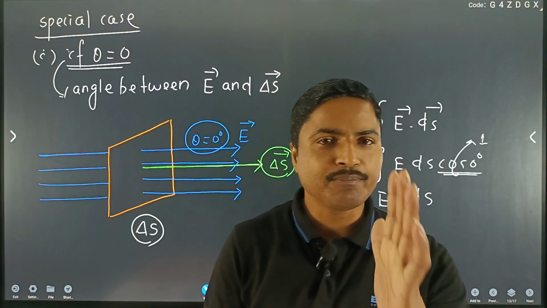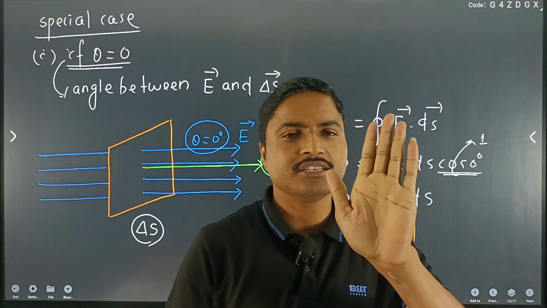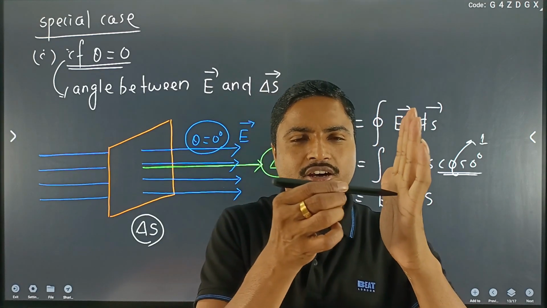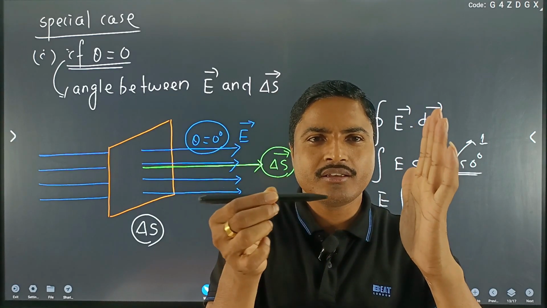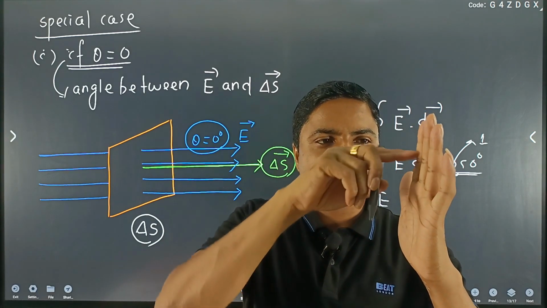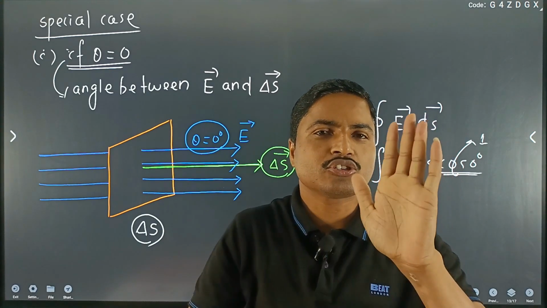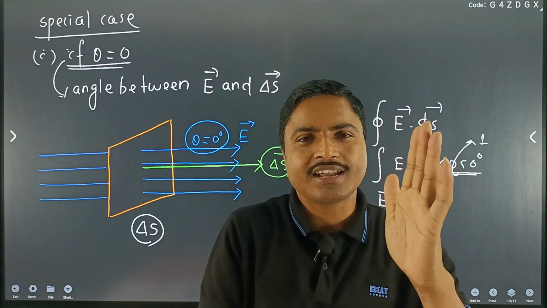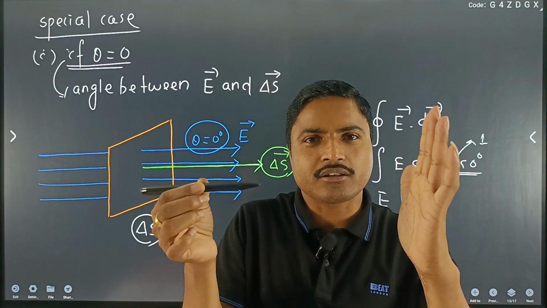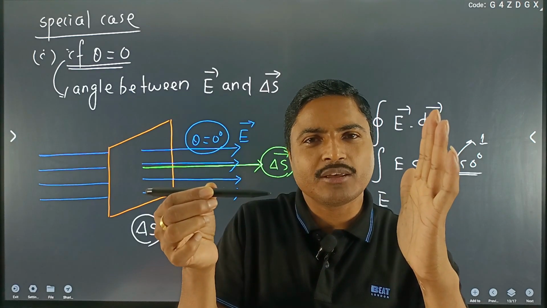Simply suppose this one is your surface area, and this is the direction of the electric field. If electric field is perpendicular to the surface area, we also say that this is the direction of area vector. This is also the direction of the electric field.